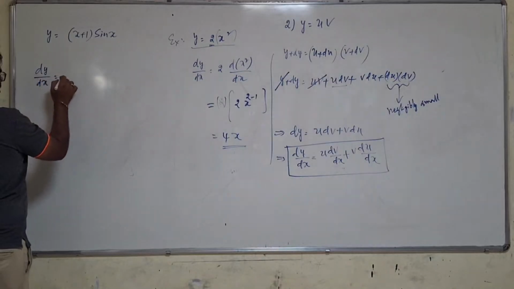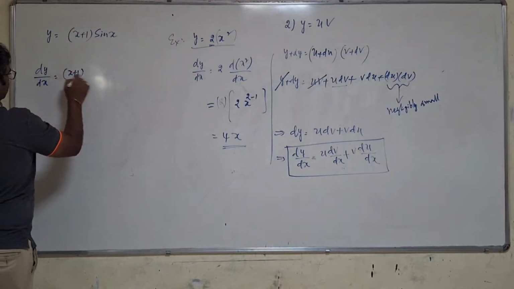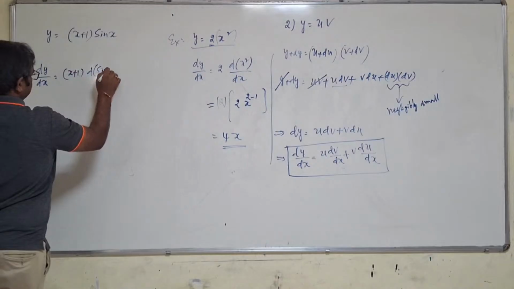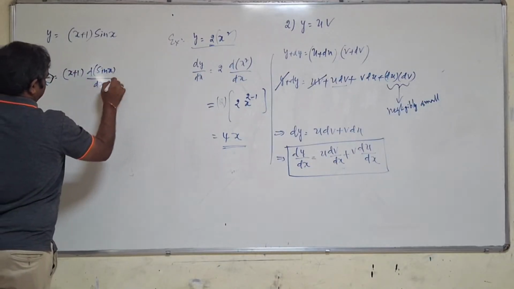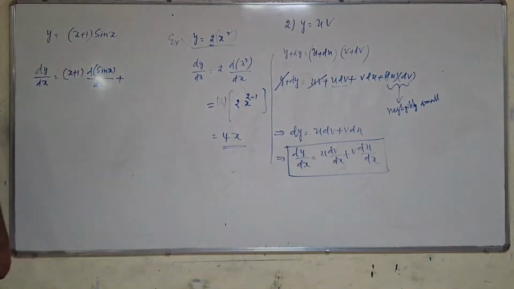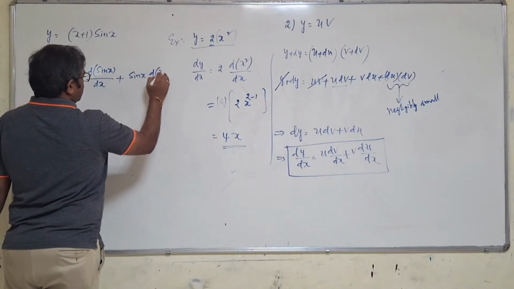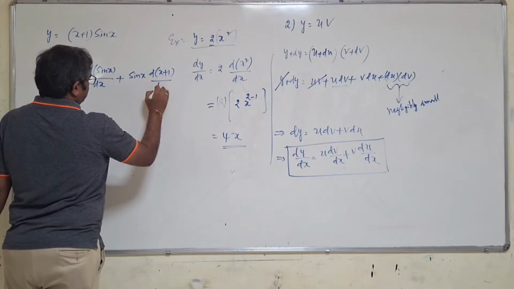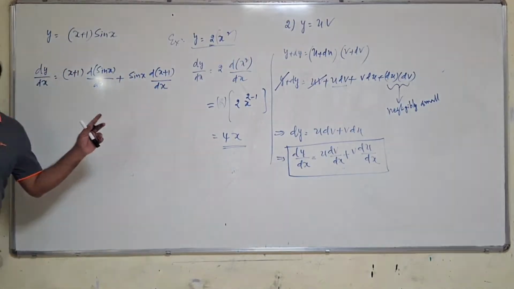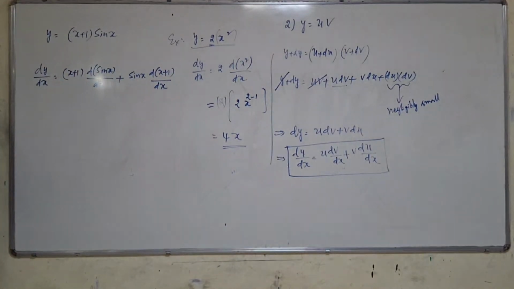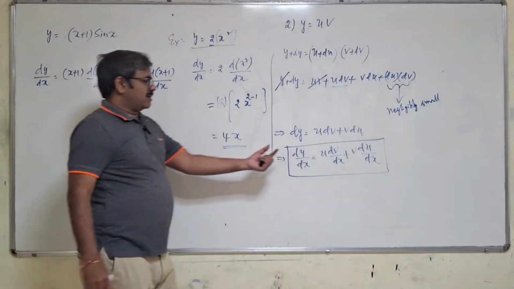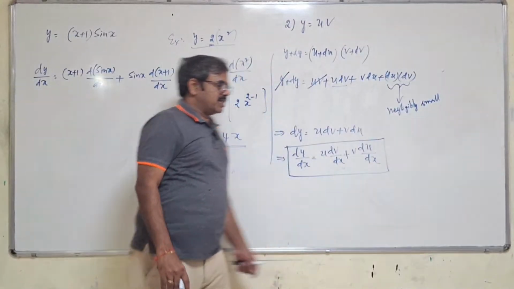dy by dx is equal to x plus 1 into d sin x by dx plus sin x into d of x plus 1 by dx. You understand this? So u dv by dx plus v du by dx.